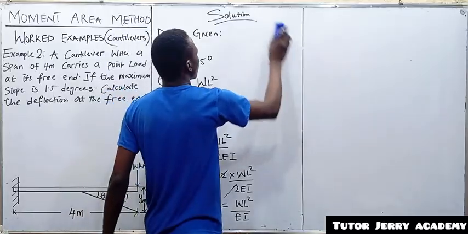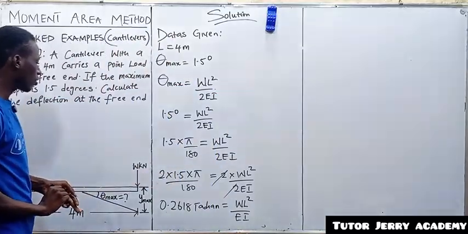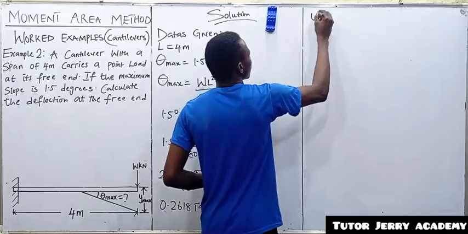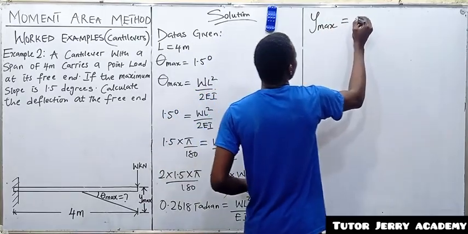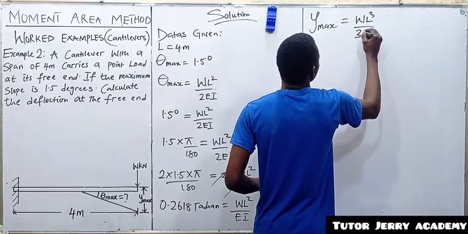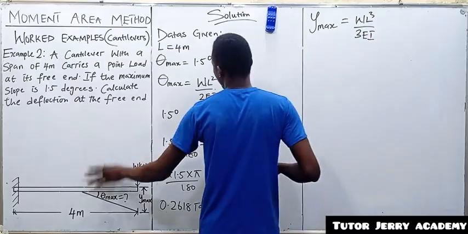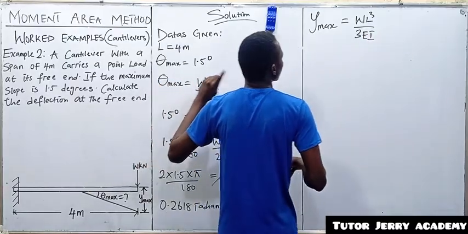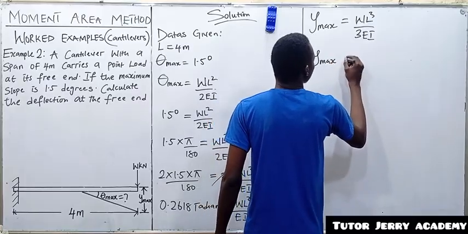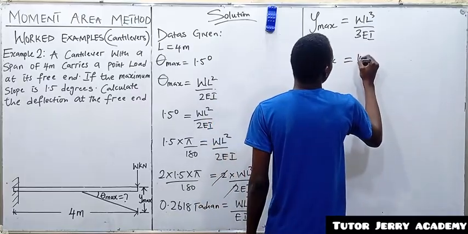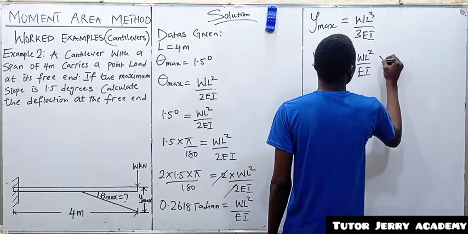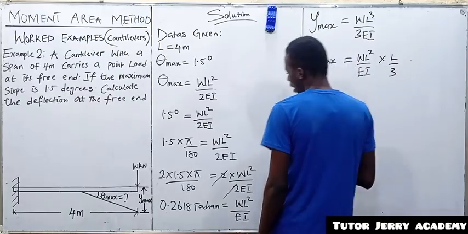Now we also derived in our previous video that y max is equal to WL to the power of 3 all over 3EI for this particular case. So y max will be equal to WL square all over EI multiplied by L all over 3.